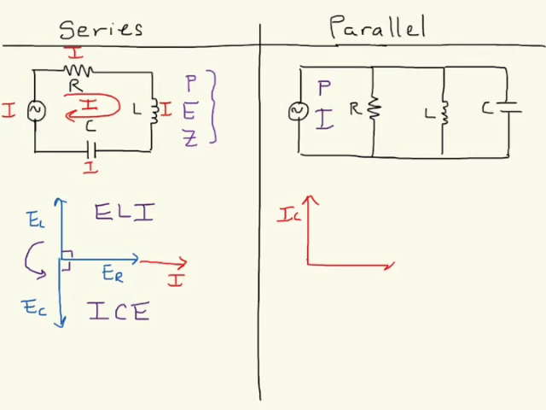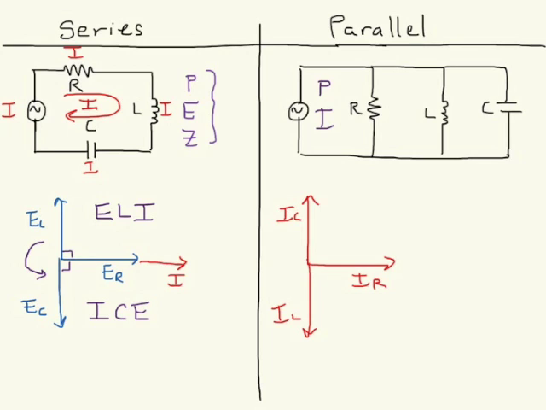We're going to have IR as always, any R vectors at 0 degrees, and that makes my IL pointing down. And again, we want to compare current and voltage to see that relationship between one another.